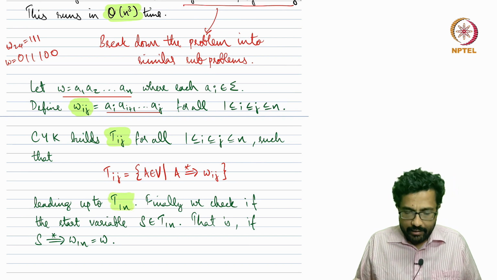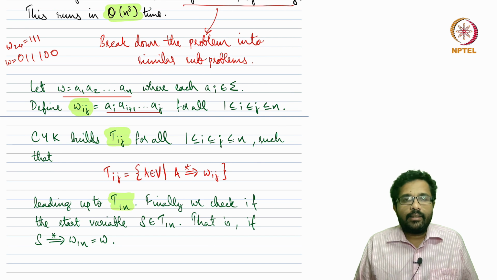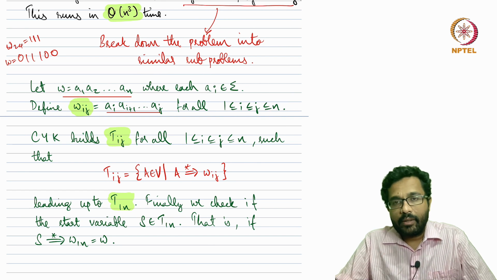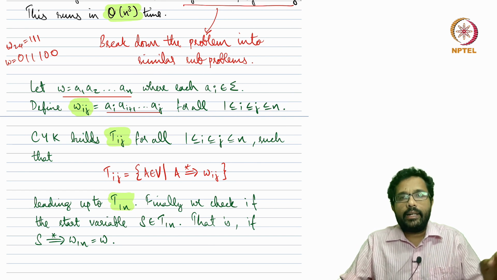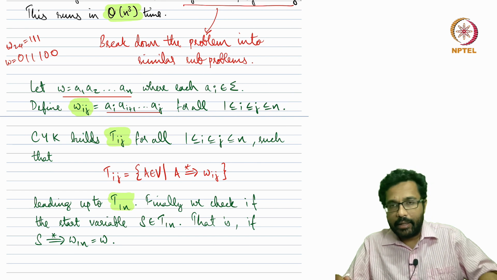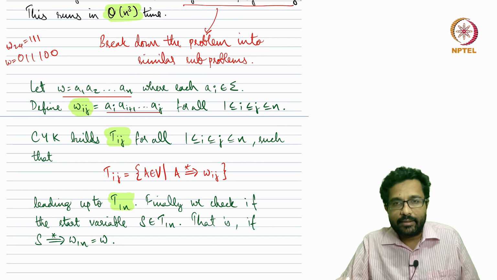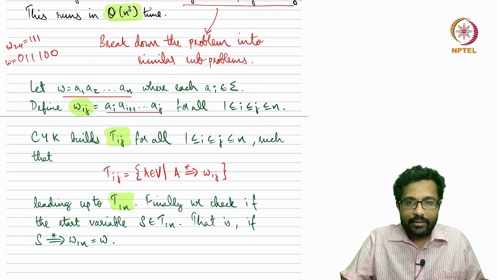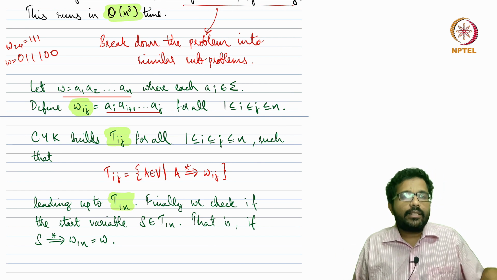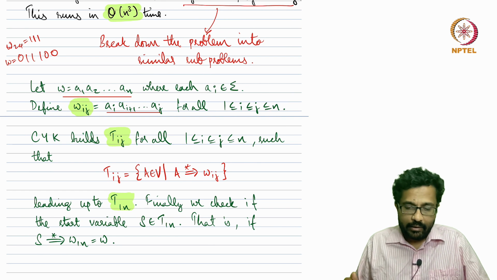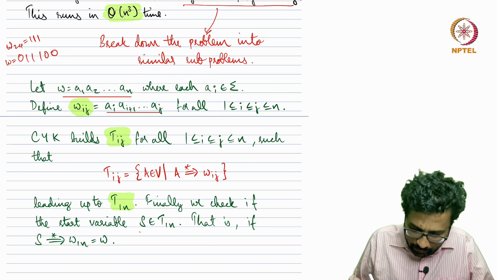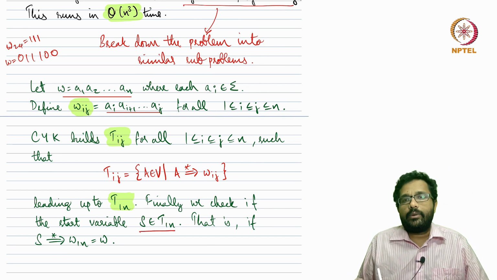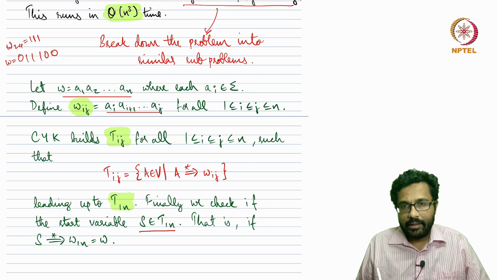T1n is the set of all variables that derive W1n, but W1n is a substring from the first symbol to the nth symbol, which is actually the entire string, right? So which are the variables that derive the entire string, and then we see if the start variable is such a variable. In other words, we check if the start variable is in the set T1n.